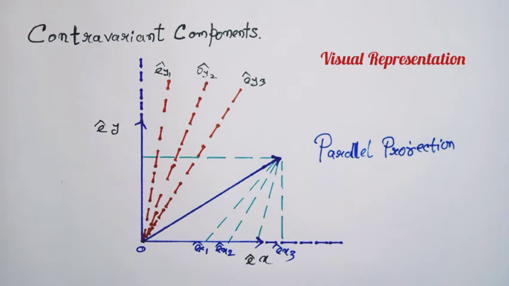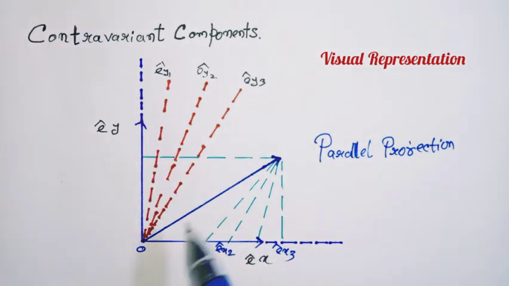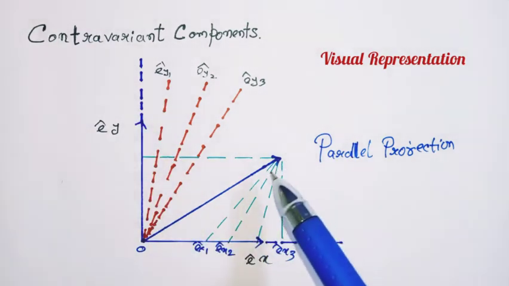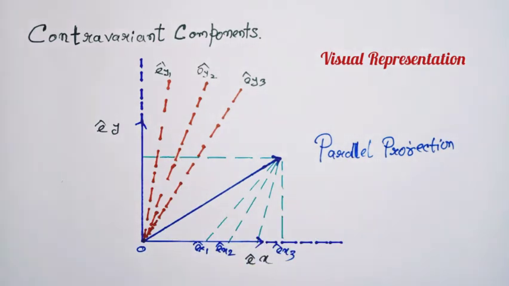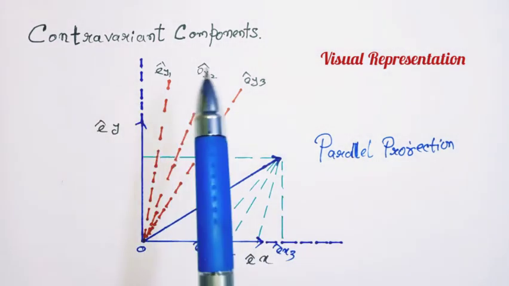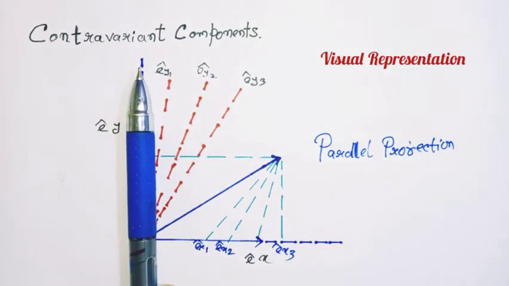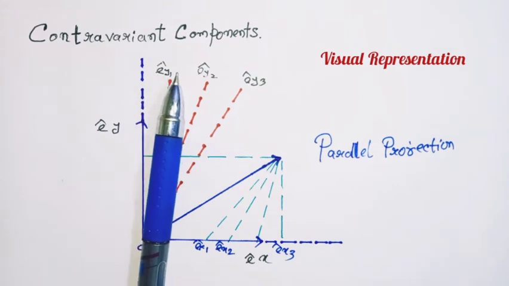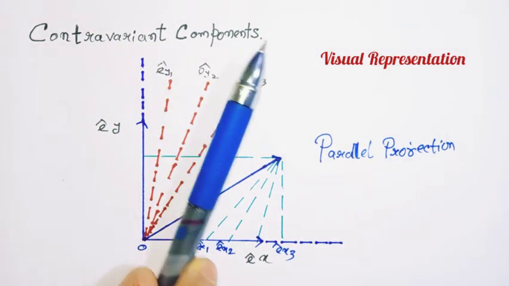Now, I would like to show you this graph particularly. You see this is the y-axis and this is the x-axis. This is the vector which is projected in this direction. You can call this v. I have not mentioned it. Now say, for example, this is a contravariant component which I am trying to show. What is going to happen if I put my pen over here and slide this pen in this direction?